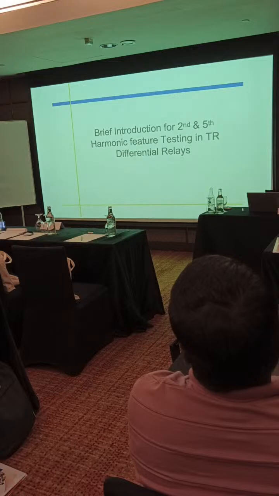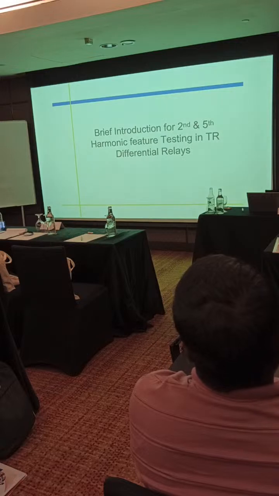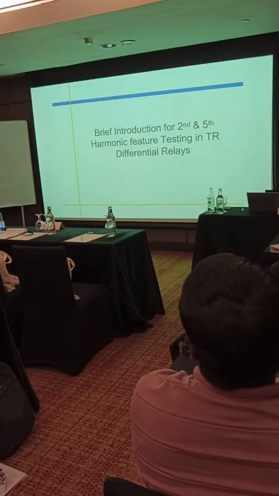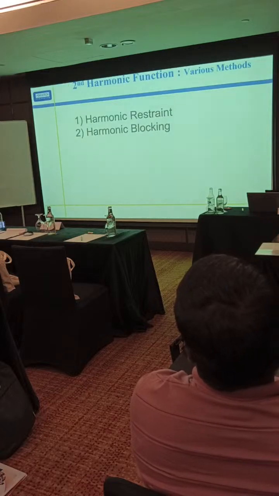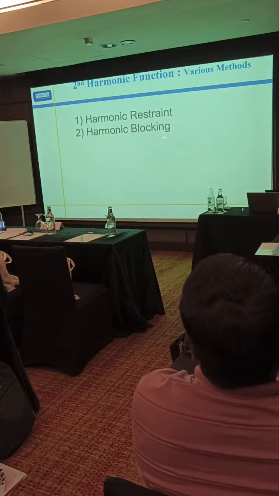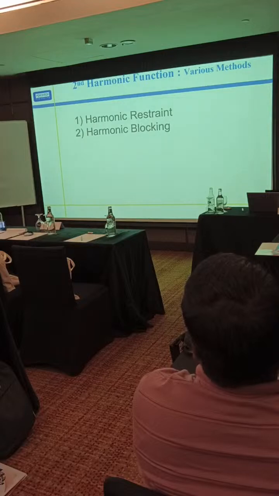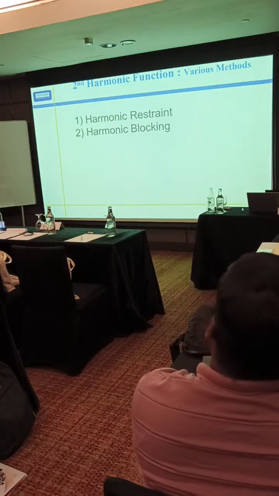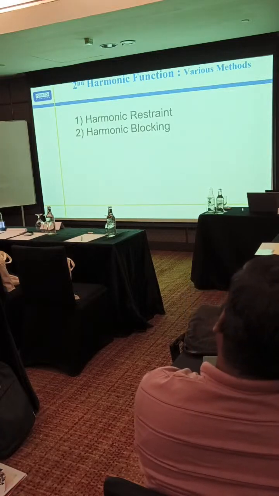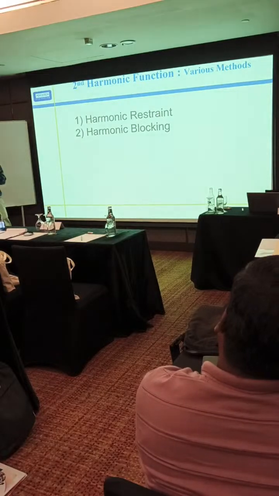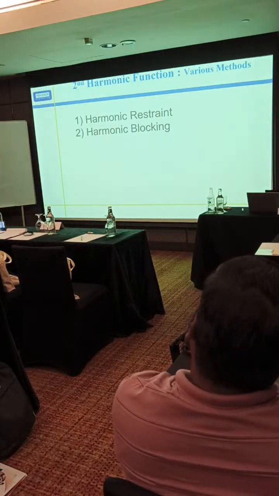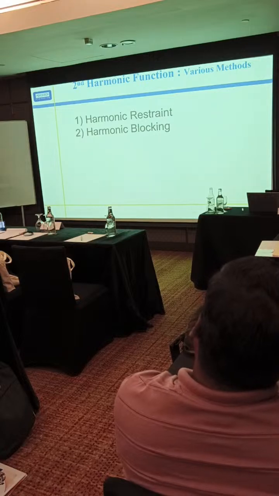Now, the second and fifth harmonic feature testing in a transformer differential relay. We should understand this. There is a harmonic restraint, harmonic block, when we have this setting in all our relays. Whenever a transformer is charged, the second harmonic current is predominant.